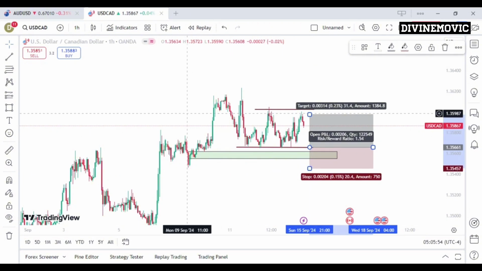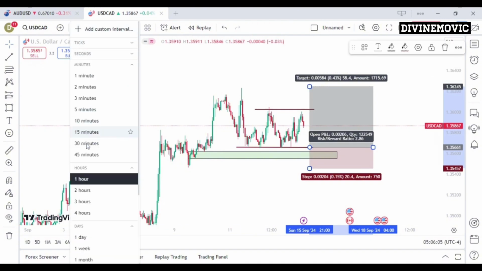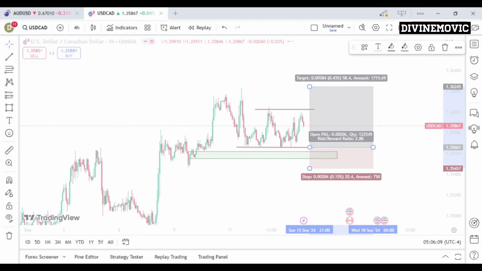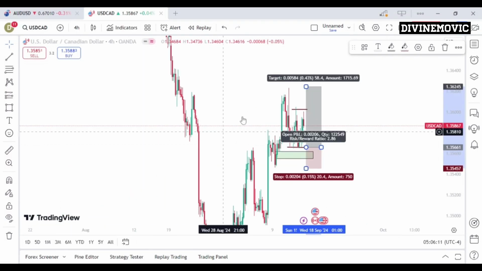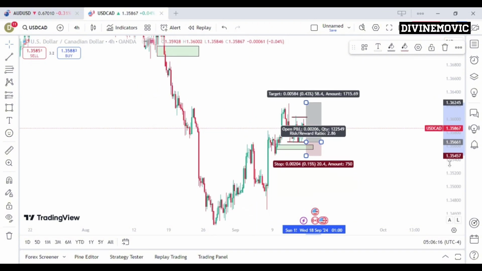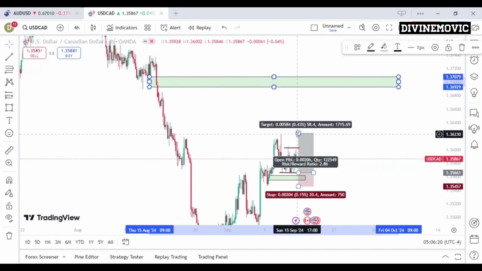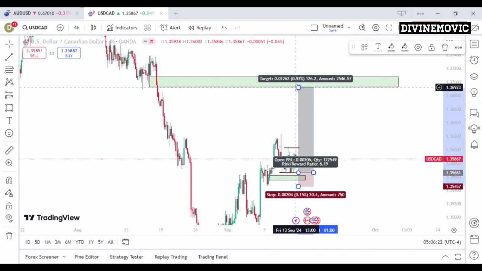Now, our exit is going to be this swing high here as our TP1. Here will be our TP1, and most importantly, we can be looking to target this place as our full TP before the week runs out.